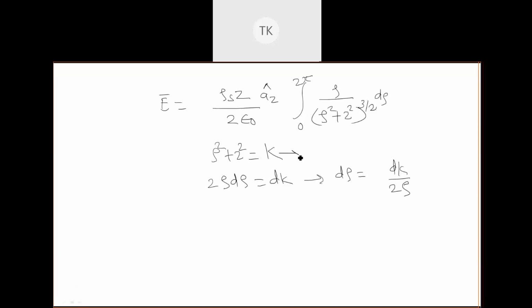If rho is equal to 0, then k will be z square, and if rho is equal to infinity, k is equal to infinity. You can check here, it's very simple. So our integration becomes very simple, and we will find out the whole integration.